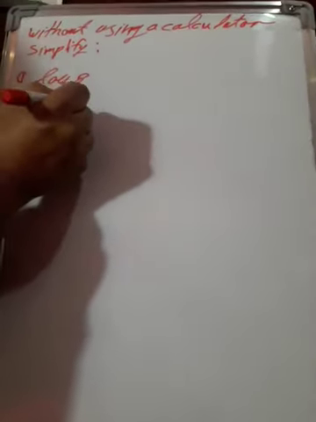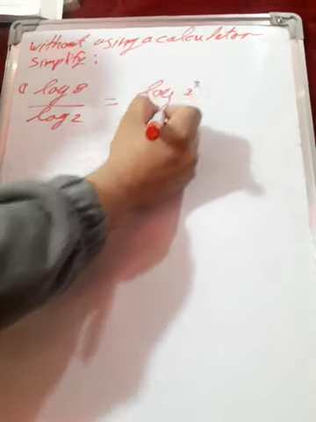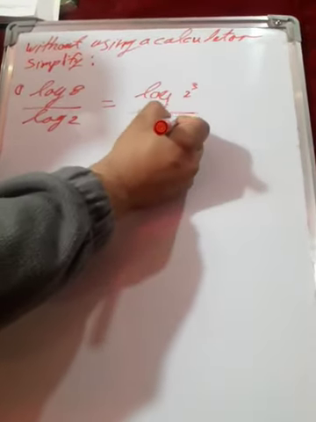Now we'll use logarithm laws to simplify expressions. Like, without using a calculator, simplify logarithm 8 over logarithm 2. As you know, I can write 8 as 2 to the power 3, over logarithm 2.